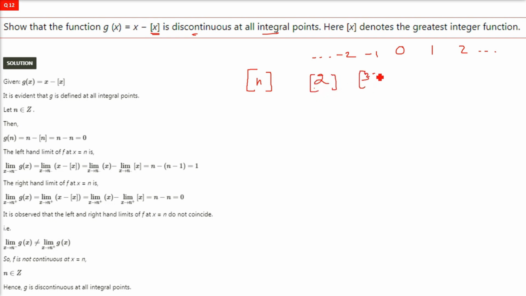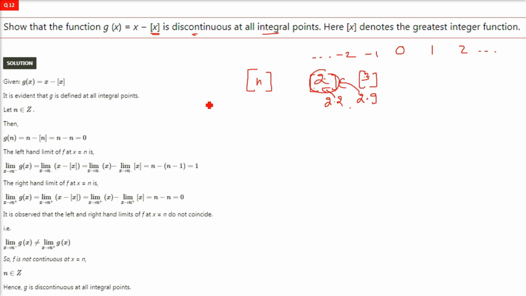So we have 2.1, 2.2, 2.9, 2.96, 2.9996, like this. There are indefinite values which can be between 2 and 3. But for 2.2, the greatest integer function GIF will be 2. For 2.9, it is going to be 2. So greatest integer function is actually a floor function, you can call. You'll always take the lower integer until it becomes the next integer.